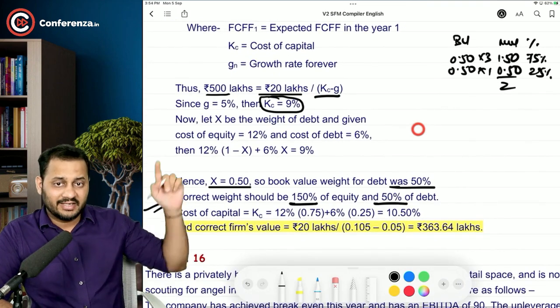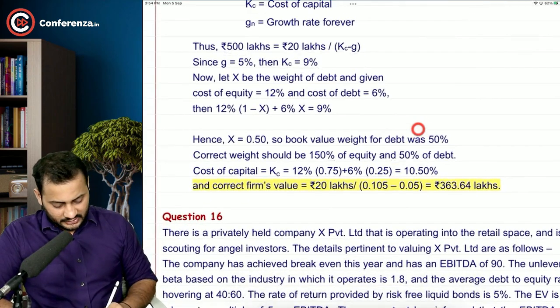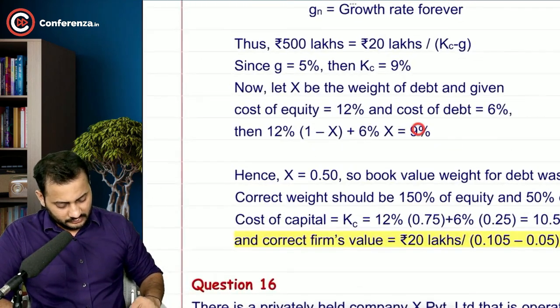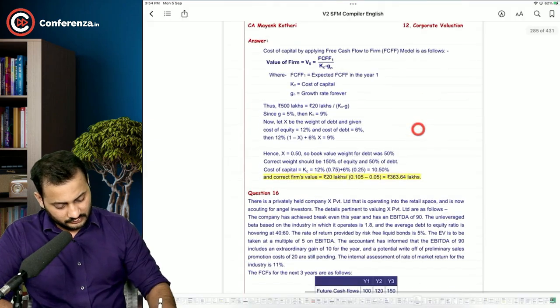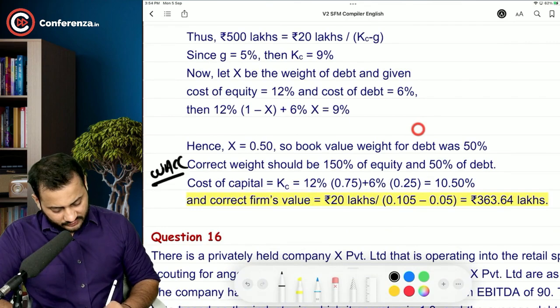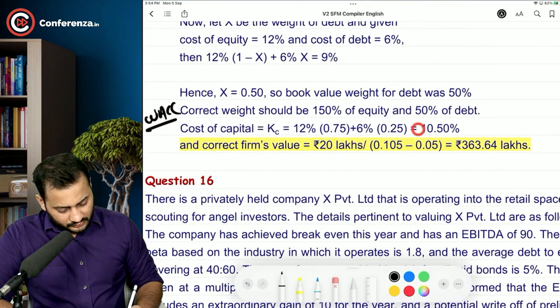So put that again in the WACC formula, cost of capital. This is the WACC formula, correct value. Now that will be 12% into 0.75, 6% into 0.25.